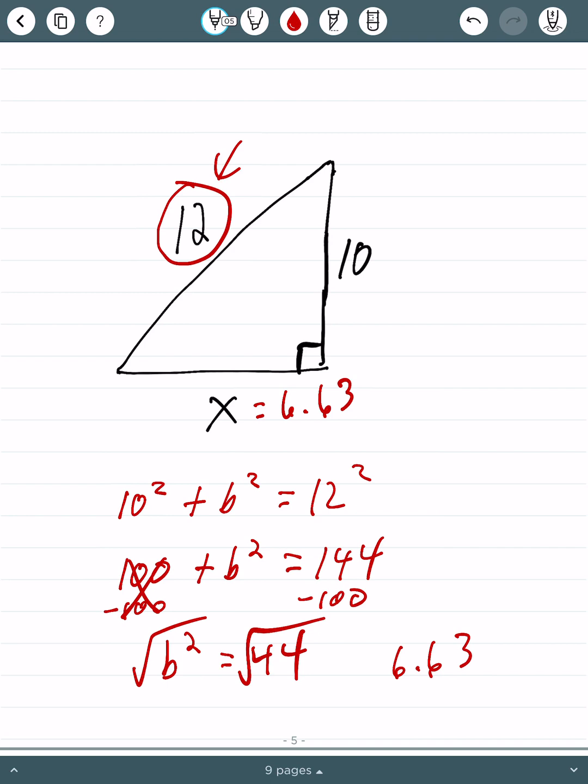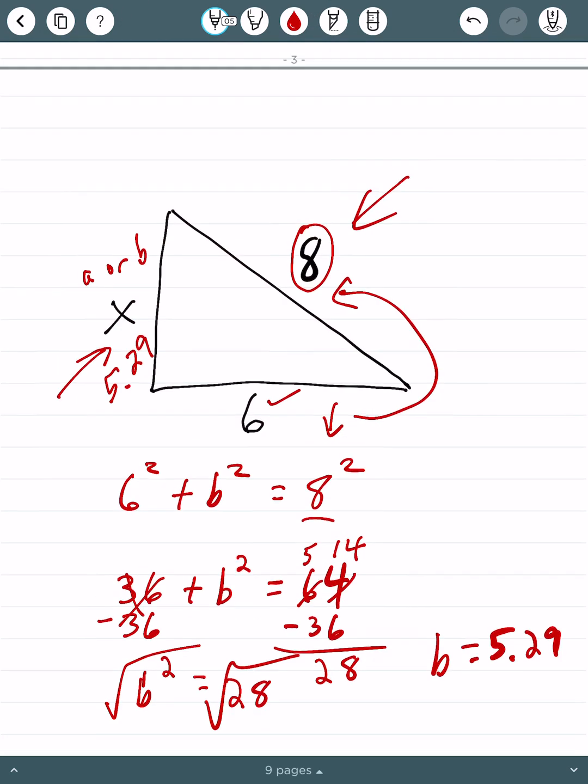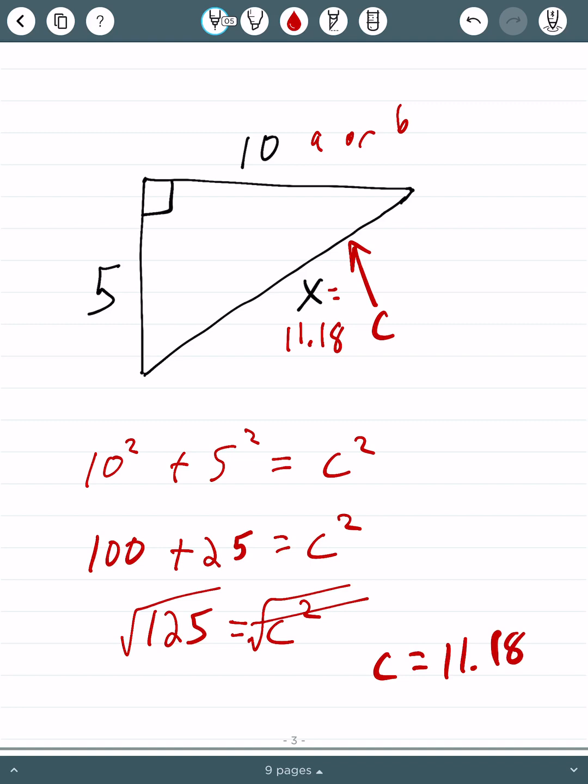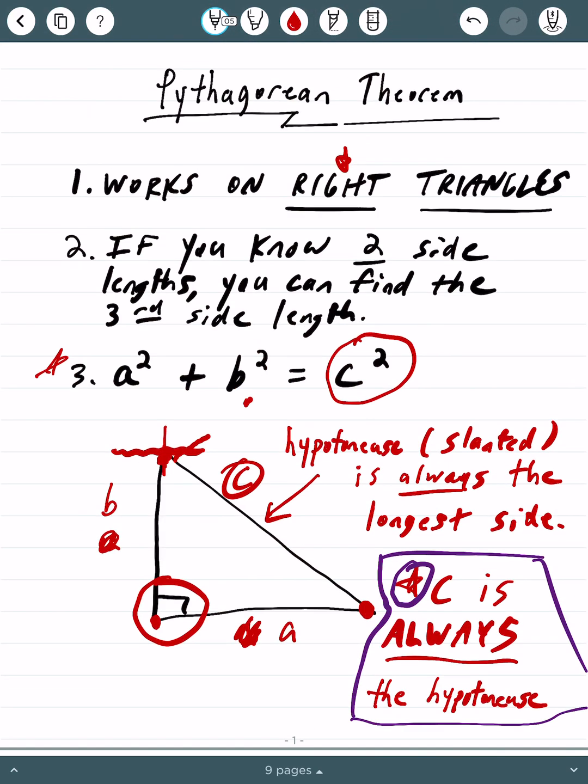When they give you C, it becomes a subtraction question, whereas when you're trying to find C, both A and B are on the same side, and you just add those numbers together after you square them. I feel like those are a little bit easier. But always use that formula, A squared plus B squared equals C squared. And remember that the opposite of squaring something is doing the square root. Good luck, guys.